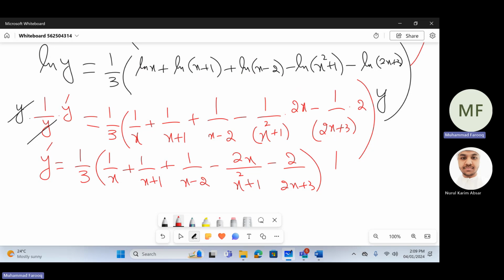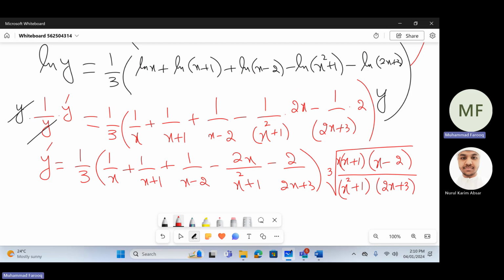What's the question? Cubic root of x times x plus 1 times x minus 2, divided by x squared plus 1 times 2x plus 3, and that's all. We get the answer.